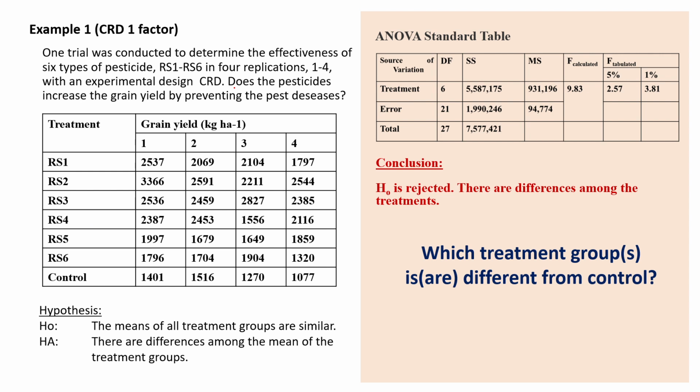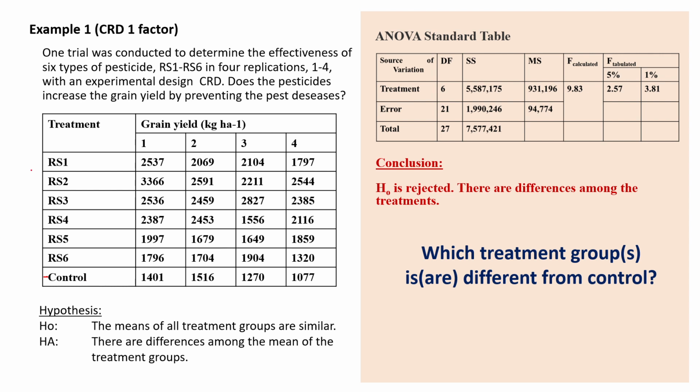The question asks whether the pesticide increases the grain yield. If we want to know whether a treatment actually increases the grain yield, we need to compare with the control. So for this question, we are comparing RS1 to control, RS2 to control, RS3 to control, RS4 to control, 5, 6 to control.